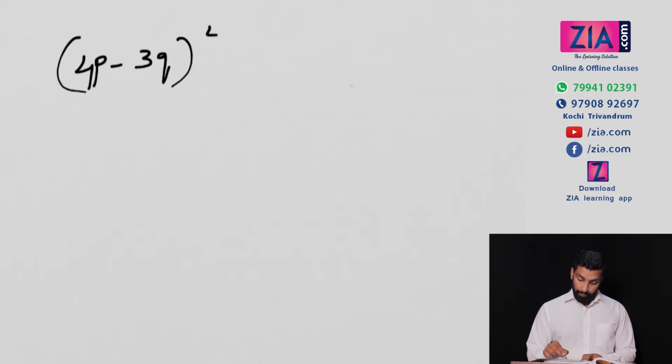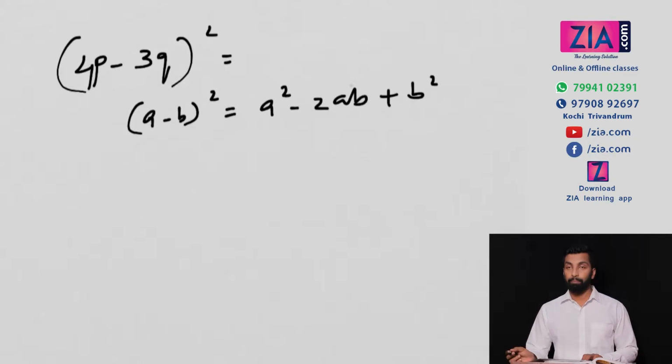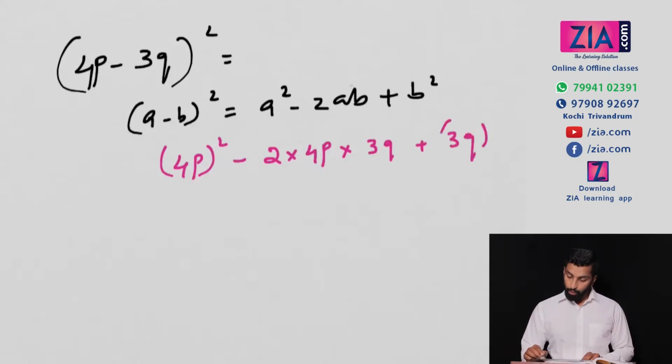Now one more example. By using the identity, find (4p − 3q)². So this is of the form (a − b)². You know that is a² − 2ab + b². So let's substitute now. You will substitute (4p)² − 2 × 4p × 3q + (3q)².